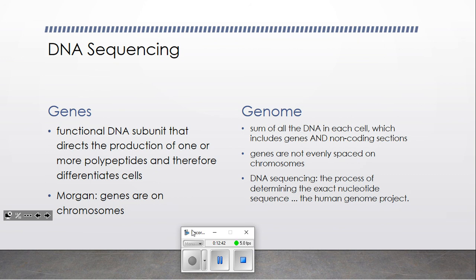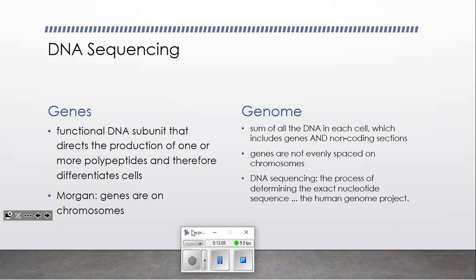There's another word that you might have heard before, and it's the word genome. Genome is what we use to describe the sum of all of the DNA in each cell. That includes genes and non-coding sections. You actually have a bunch of DNA in between your genes that doesn't appear to be doing anything.